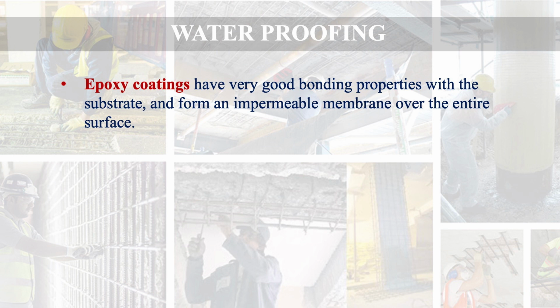Now let's see what are different type of materials. First is epoxy coating. Epoxy coatings have very good bonding properties with the substrate and form an impermeable membrane over the entire surface.